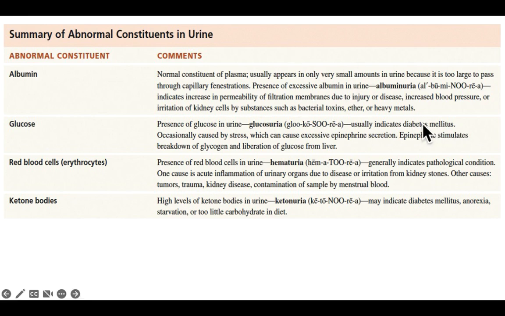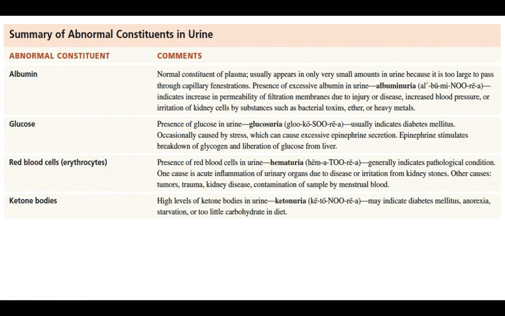It could be found if you're a diabetic, or some severe stress, high epinephrine can cause it. But again, I want you to know glucose shouldn't be in urine, and the reason is it gets completely reabsorbed back into the blood. And then obviously red blood cells shouldn't be in urine.